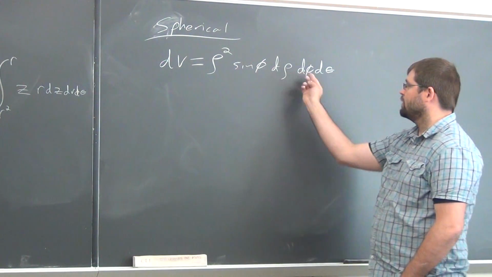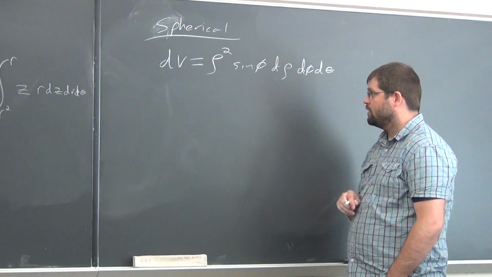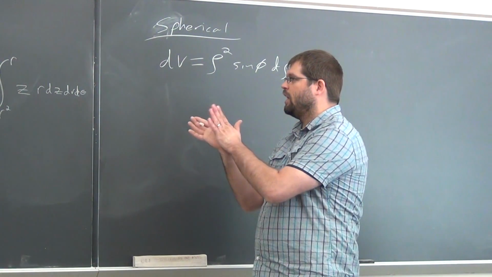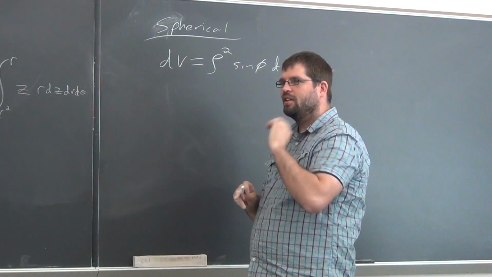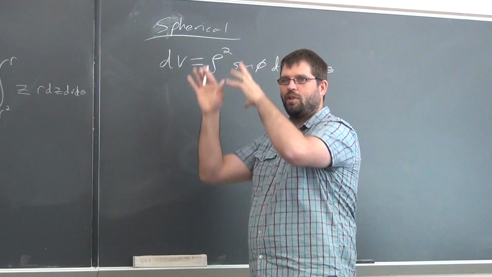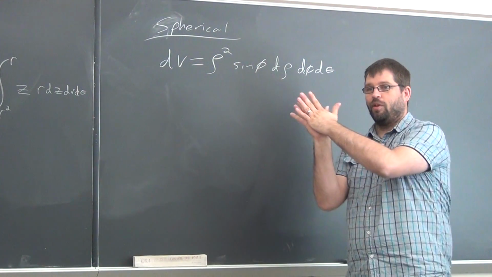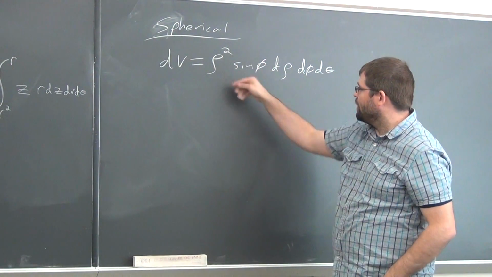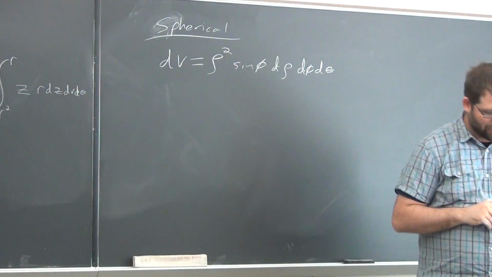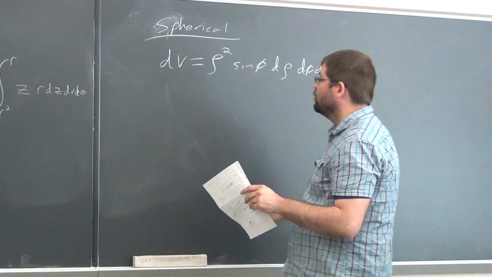And you can do it in whatever order you want, but it'll be this. When we talked about polar coordinates, we explained why it made sense that you needed that extra r in there. You just need to do some geometry and look at the change in volume of a wedge of a sphere, and this naturally pops out. But I don't want to spend any time on that, so let me just move on and try an example.